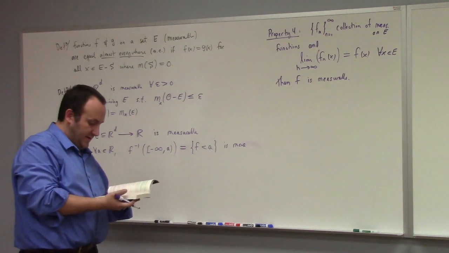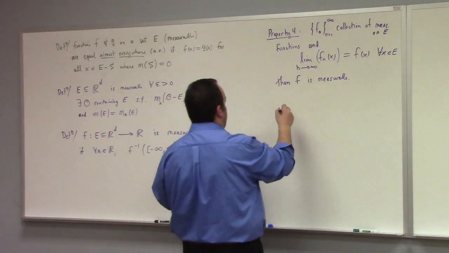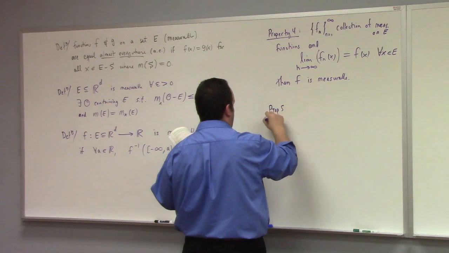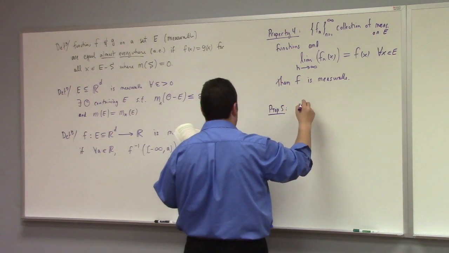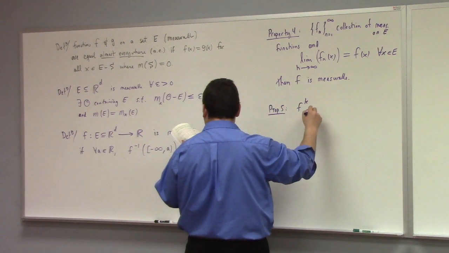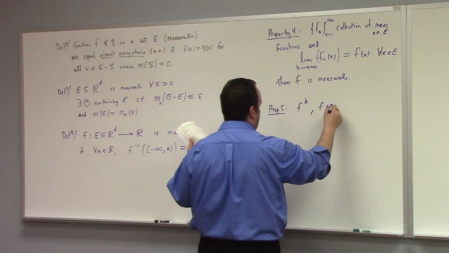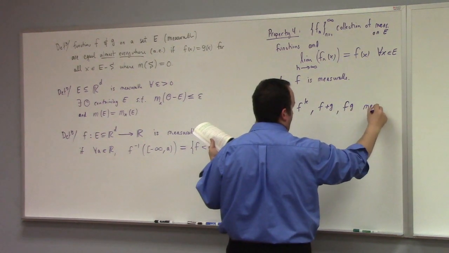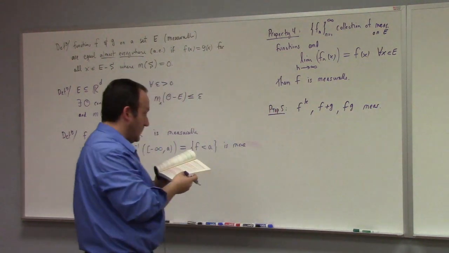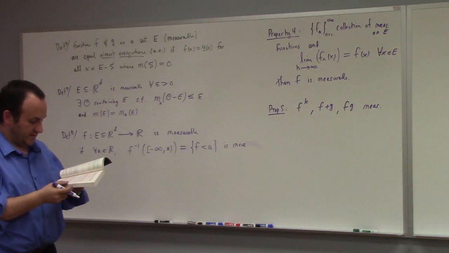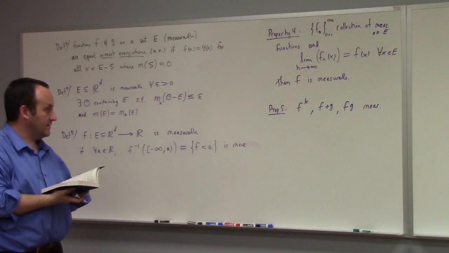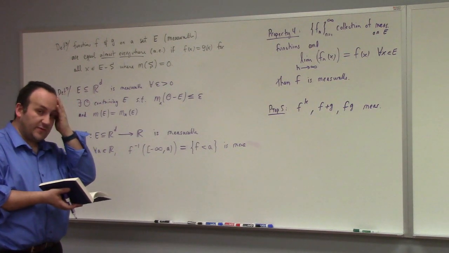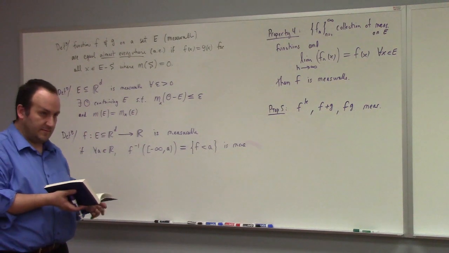And then property 5 is what we ended with last time, more or less. If f and g are measurable, then f to the k, f plus g, and fg are measurable. Given, of course, that f and g are measurable, and also in part 2, we need that both f and g are finite valued. All right.